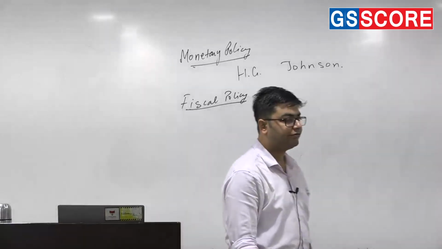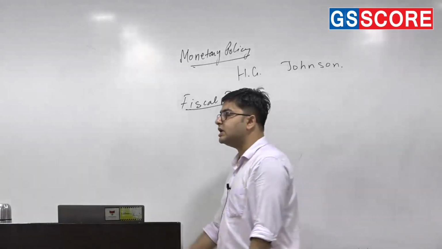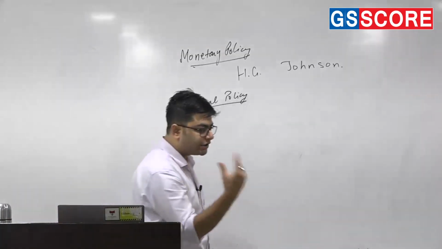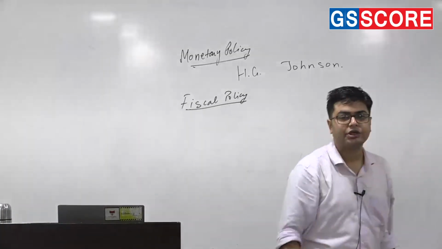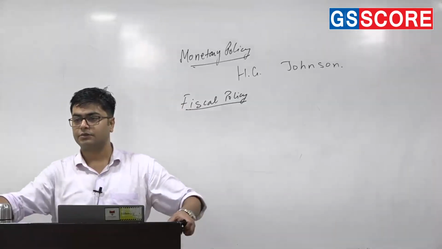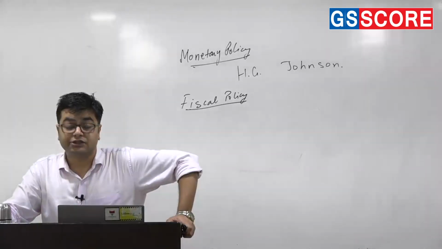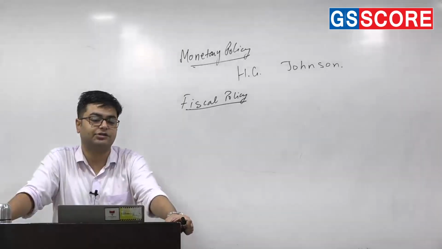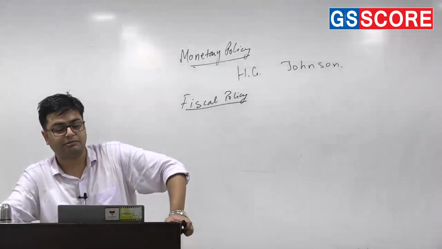Also, you see, fiscal policy is the ultimate act of institutionalization. Institutionalization of certain systems within the administration. The institutional aspects of government finance, tax system, budgetary system, expenditure system.